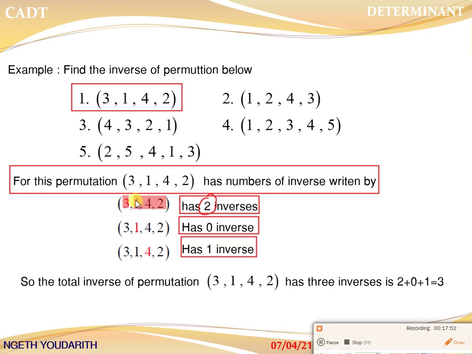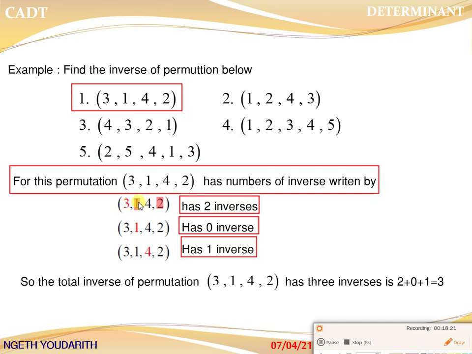If we count after number 3, we find the numbers that are smaller than 3. How many numbers are smaller than 3? Here we have number 1 and number 2. We have 2 numbers smaller than 3.